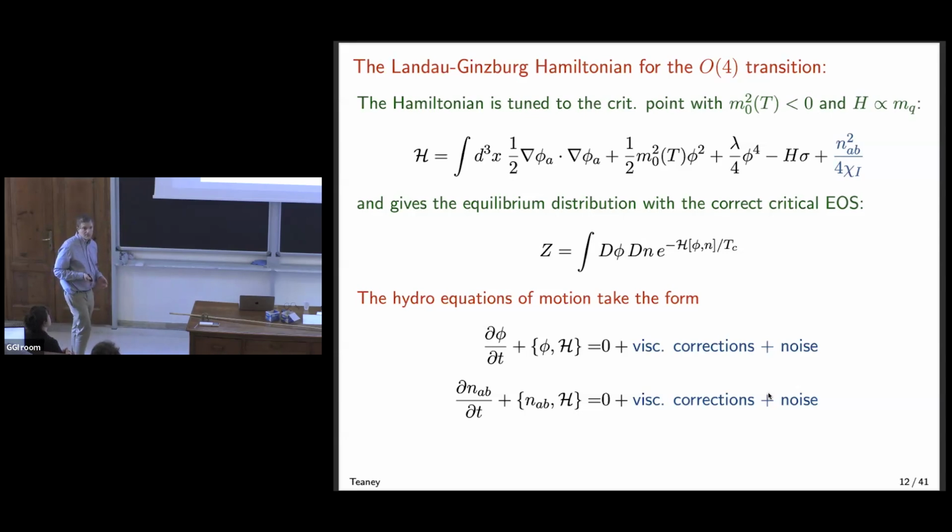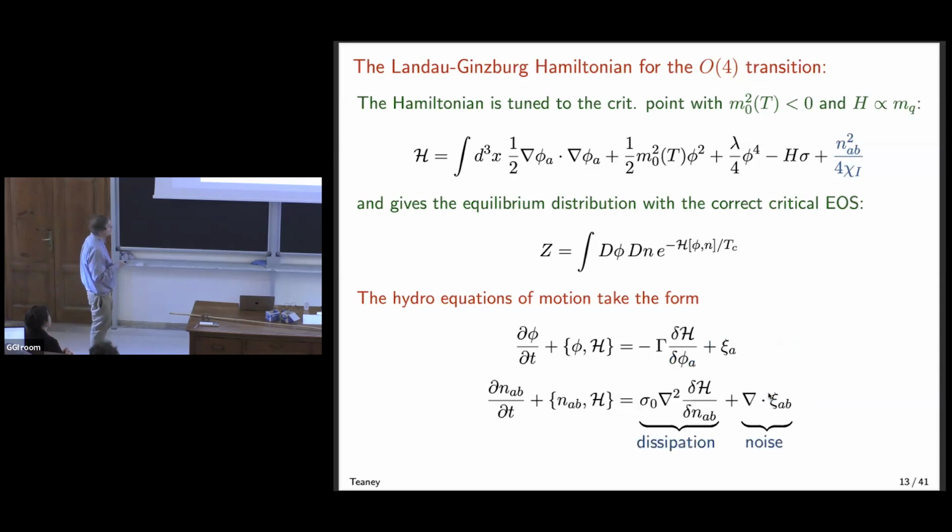But it does significantly change the hydrodynamics, because if you start looking at the equations of motion by computing these Poisson brackets, this phi and this n have some non-trivial Poisson brackets that determine the dynamics. If you started with ideal hydro, you would just have ideal-like, non-dissipative equations of motion. But then you would start adding dissipative corrections and noise to this hydrodynamic description.